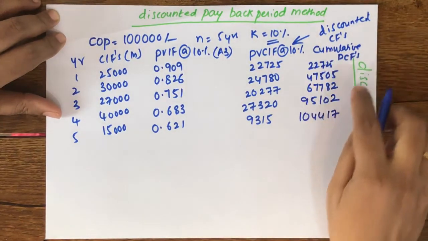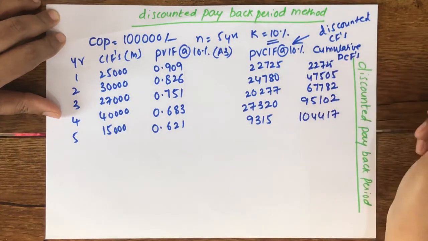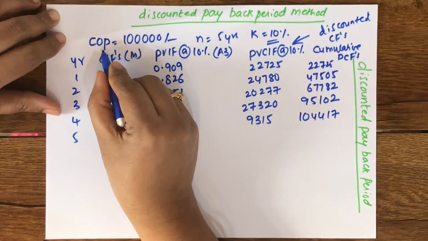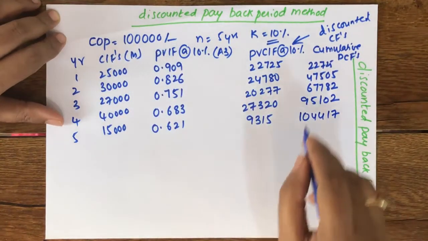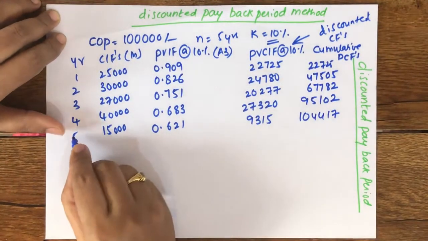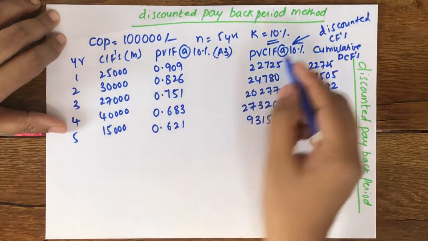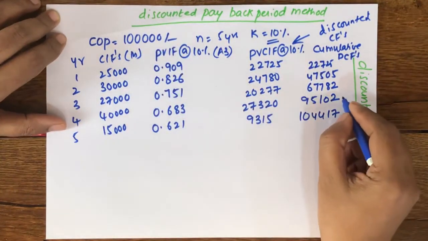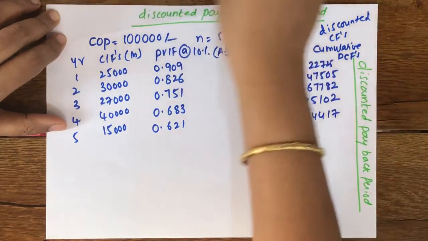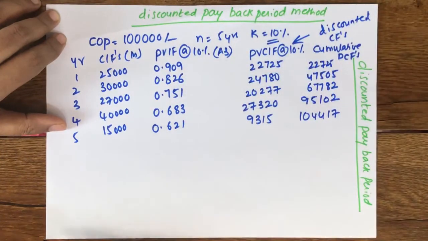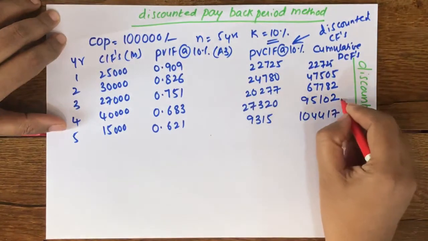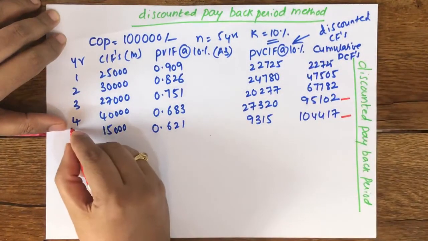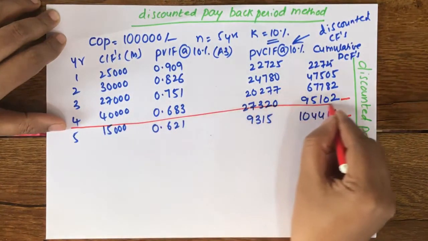So these are our cumulative discounted cash flows. Now our initial investment or capital outlay is 1 lakh rupees. Therefore, you can now find the payback period. This 1 lakh rupees is realized between the 4th and 5th years. Therefore, take 4 as the base year.